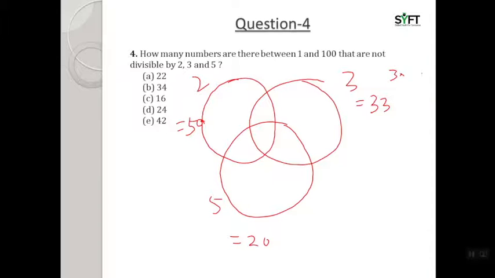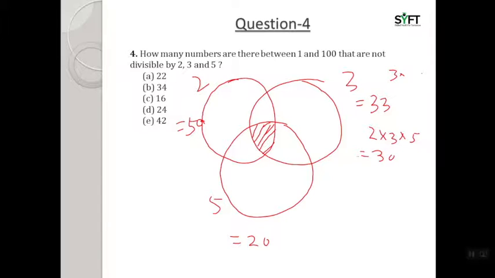So now we have to find out how many of the numbers are divisible by 2, 3 and 5. We have to find out this place first. Anything divisible by 2, 3, 5 can be 2 into 3 into 5, so that comes to 30.